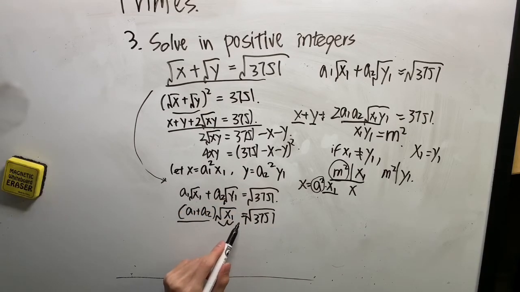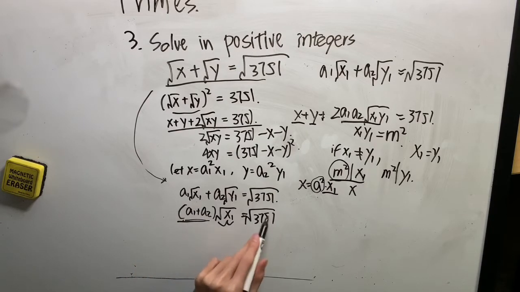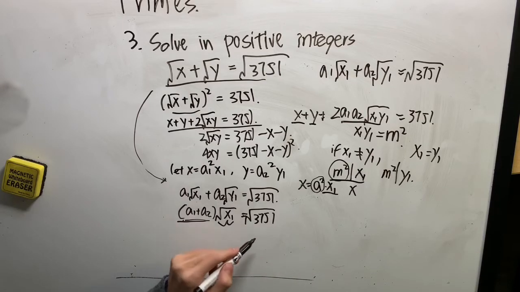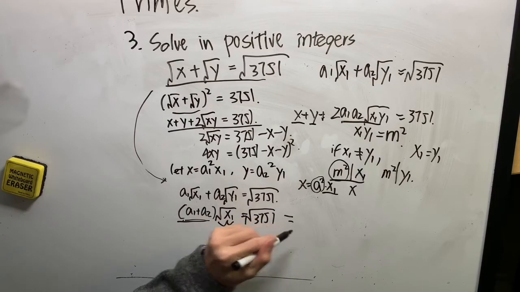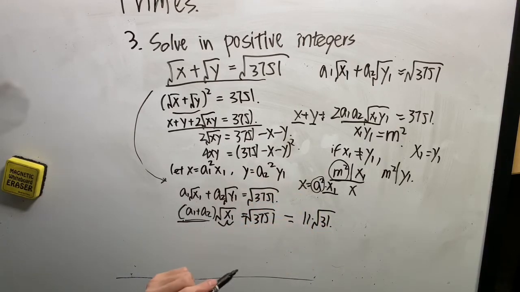Now you see that this is an integer and this is a root. Let's see whether root 3751 can convert to a number times a root. After we find that out, that equals 11 times root 31.